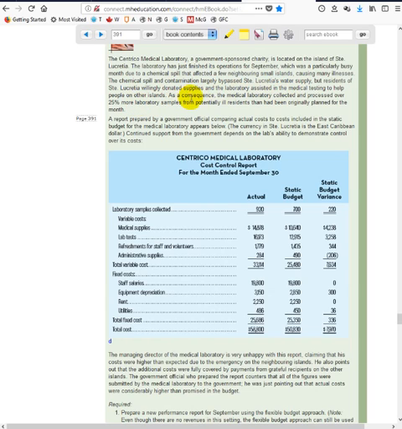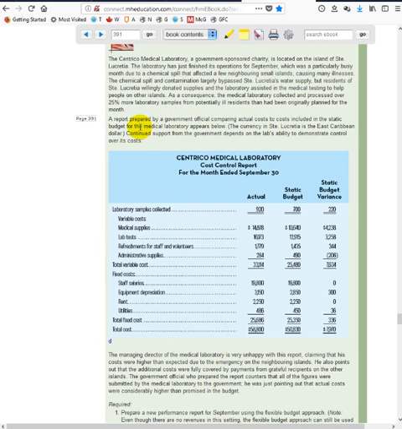They do medical testing. As a consequence, the medical laboratory collected and processed over 25% more laboratory samples from potentially ill residents than had been originally planned for the month. So their budget variance is looking really, really bad because everything is overcosted. So you've spent $33,000 when you should have spent $25,000 according to their static predicted budget.